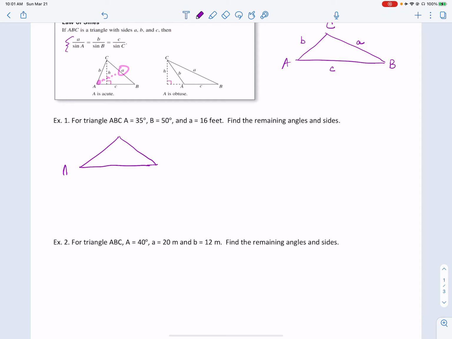I'm going to do angle A. I put B up here this time and C down here, and that just means this is little a, this is little b, and this is little c. And so A is 35 degrees, B is 50 degrees, and then they said a is 16 feet.